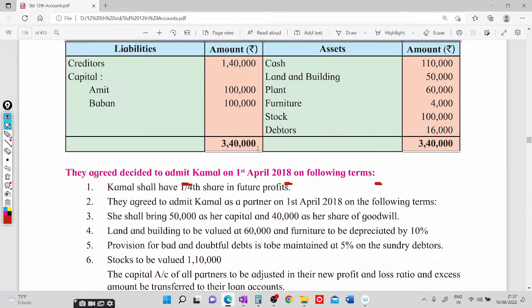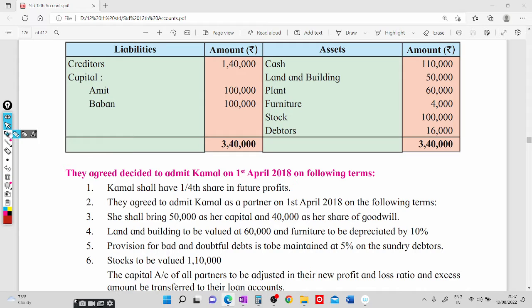Assets and liabilities are revalued as follows. Land and building book value is 50,000 and it has been revalued at 60,000. So there is an increase of 10,000 in the value of land and building.